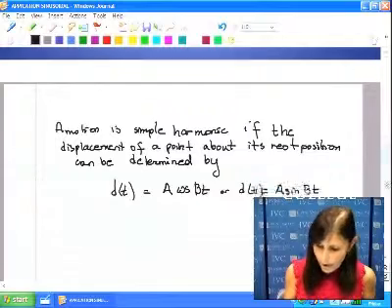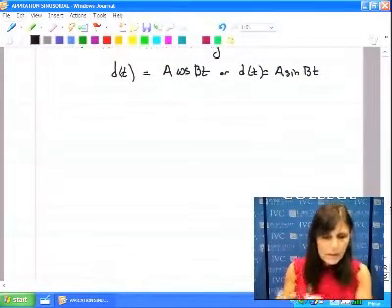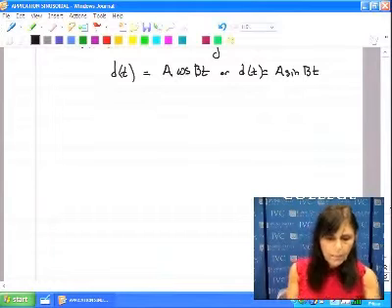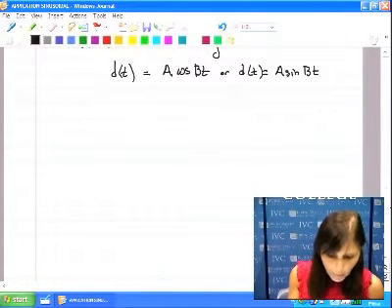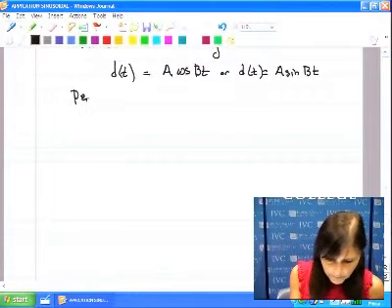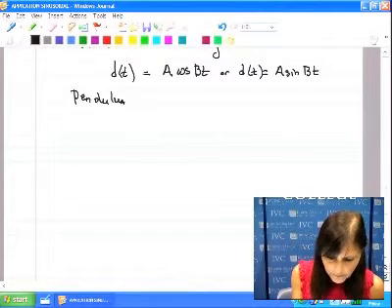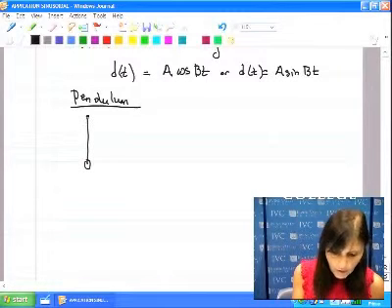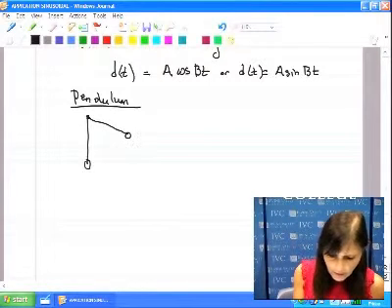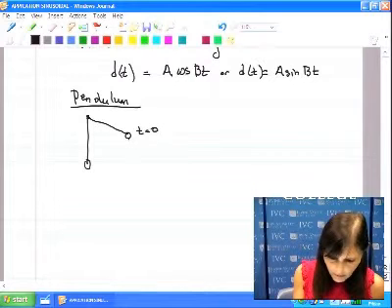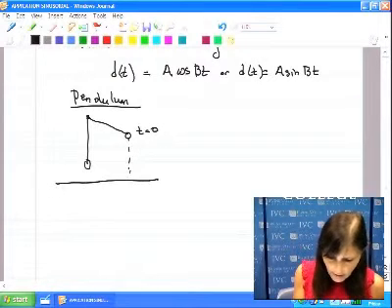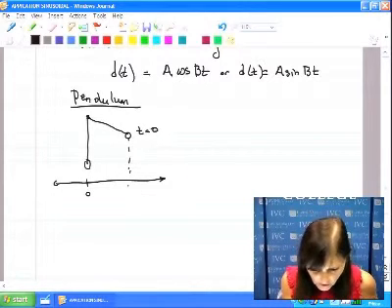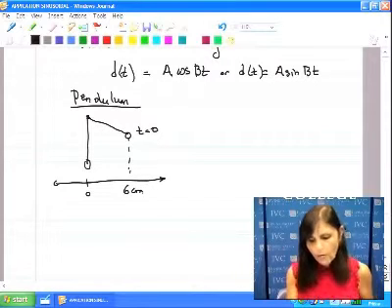Well, let's look at a problem. If somebody says we have a pendulum, and you have the pendulum right here and you just pull it on one side at time 0, and let's say my scale is like that, and this is 6 centimeters away from where it got started.